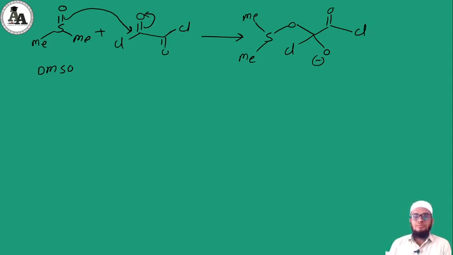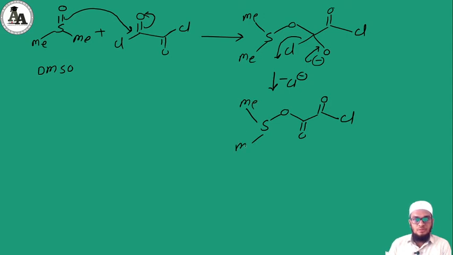Now this O negative will turn again over here and it will result in the leaving of this chloride ion. Okay, so I have to write minus chloride ion and the resulting structure will be sulfur, this carbonyl carbon, C double bond O and chlorine, and the structure methyl.